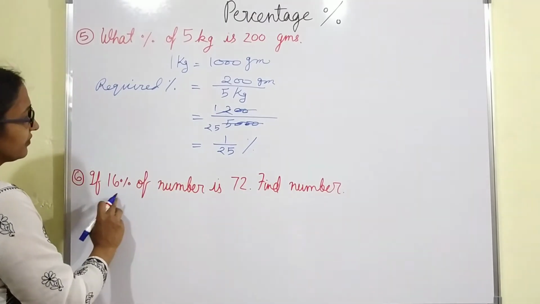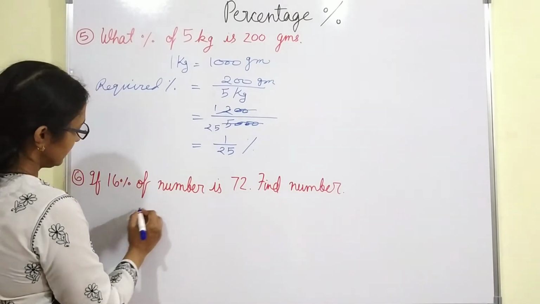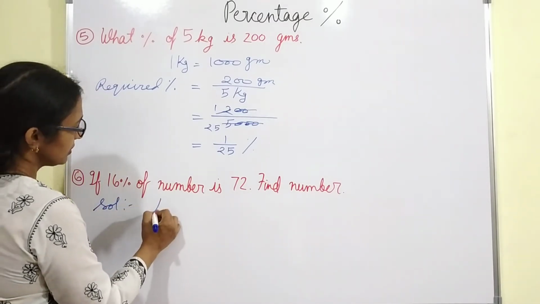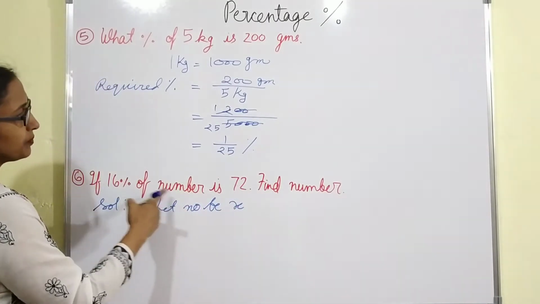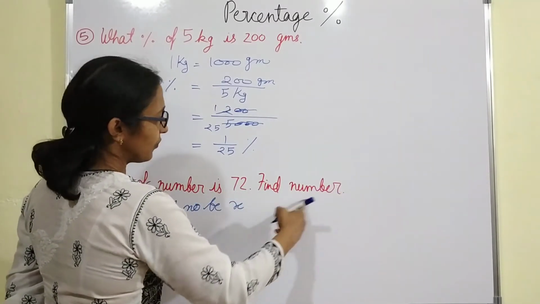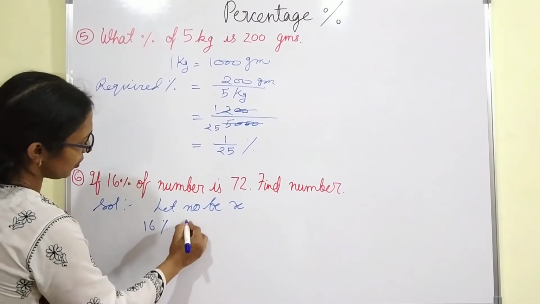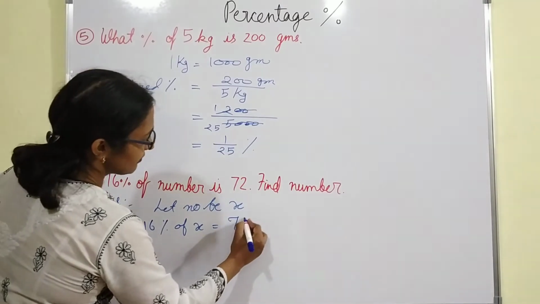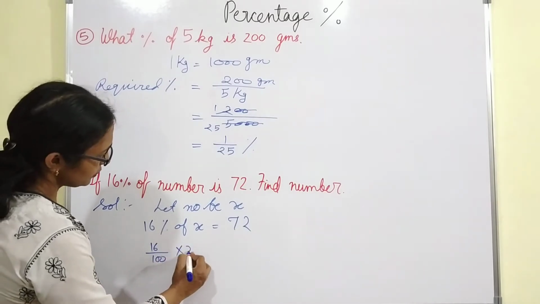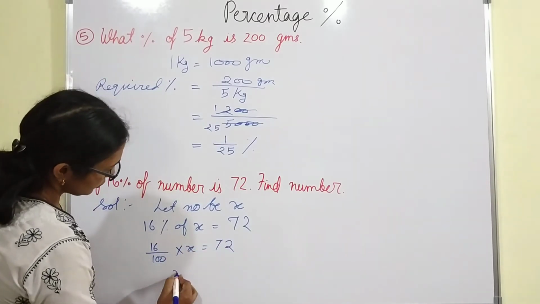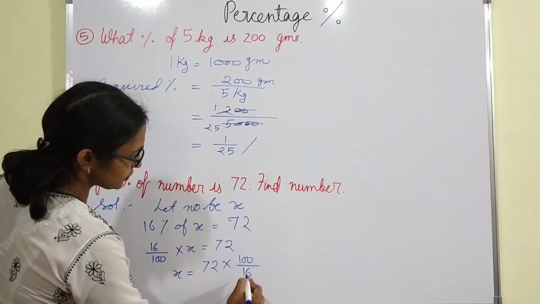Okay, now if 16% of a number is 72, find the number. So, solution: let the number be x. 16% of the number is 72. You have to find out the number. So 16% of x equals 72. It is given in the question. 16 upon 100 into x equals 72. So x equals 72 into 100 upon 16.